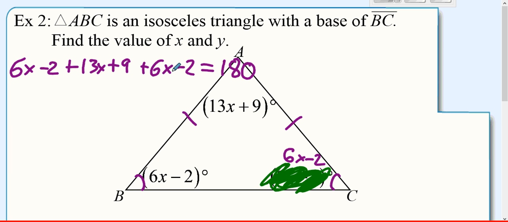So combine all your like terms here. 13x, 6x, and 6x, 25x. Negative 2 plus 9 minus 2. 7 minus 2 is 5.